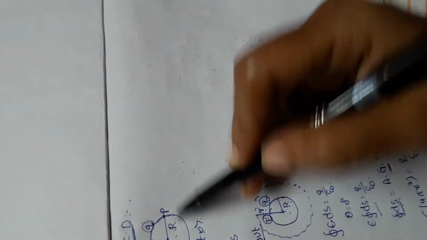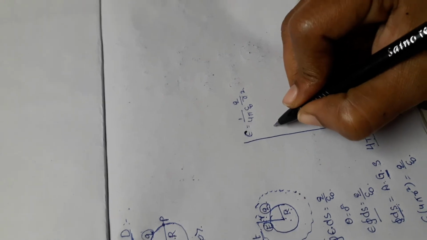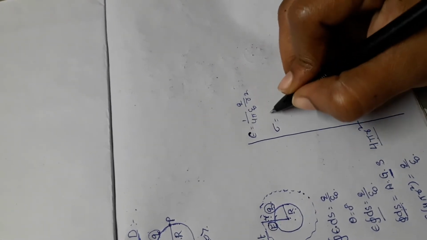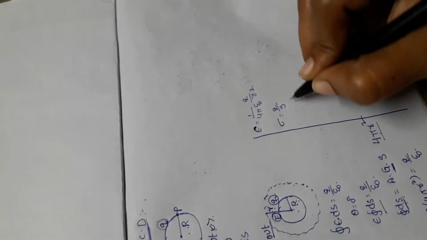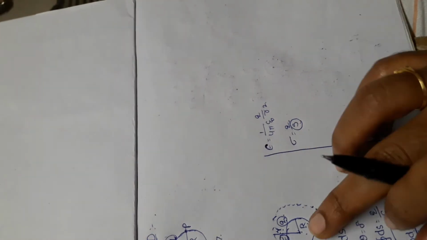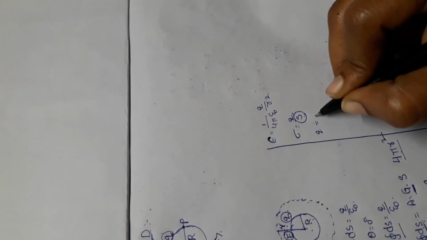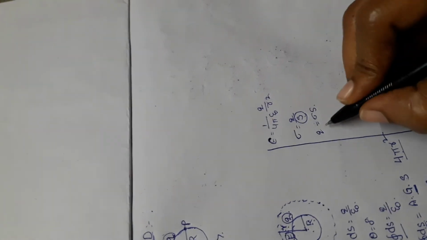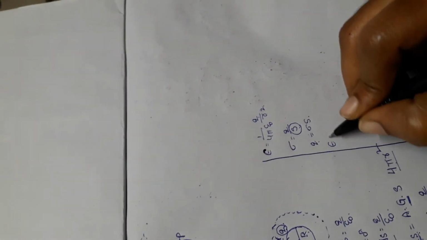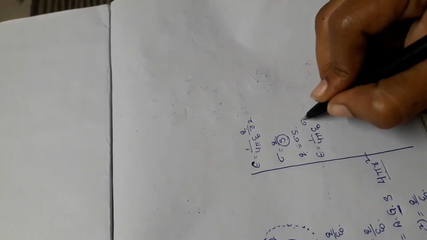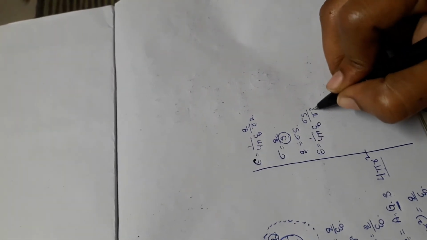Here the surface belongs to area, so the area charge density sigma equals Q by S or Q by A, where A or S is the surface area. So by using this, Q equals sigma into S. Substitute this value here. So E equals 1 by 4 pi epsilon naught, sigma S by r square.